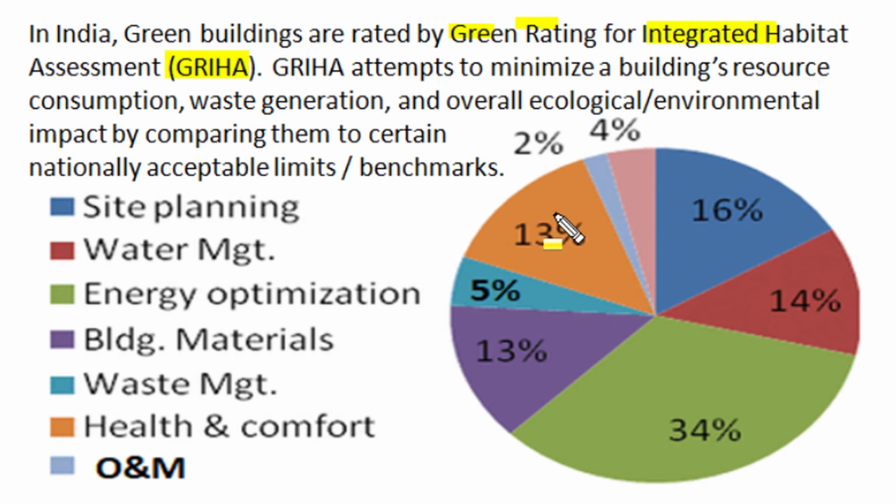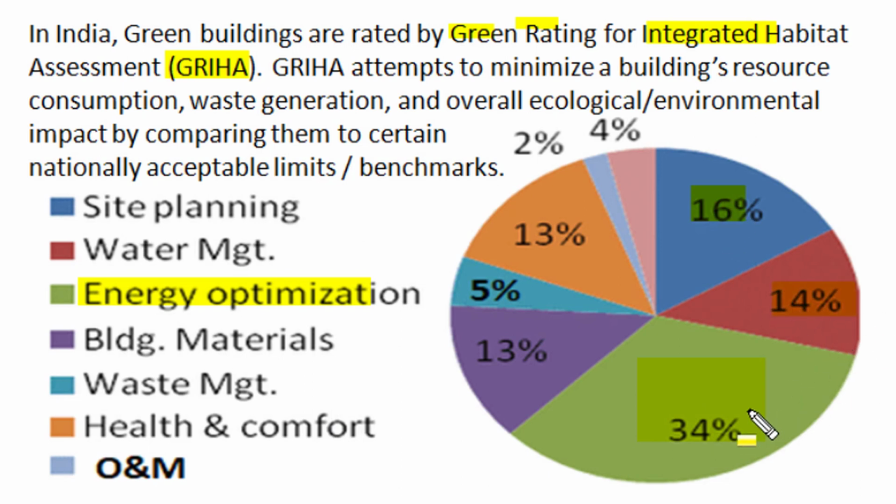In India, green buildings are rated by GRIHA certification, that is Green Rating for Integrated Habitat Assessment, and GRIHA attempts to minimize the building's overall impact on ecological and environmental conditions by saving in building resources, energy resources, water resources, and at the same time it gives emphasis to waste reduction. In GRIHA certification, maximum 34% marks are assigned to energy optimization, site planning and water management respectively got 16% and 14% weightage.